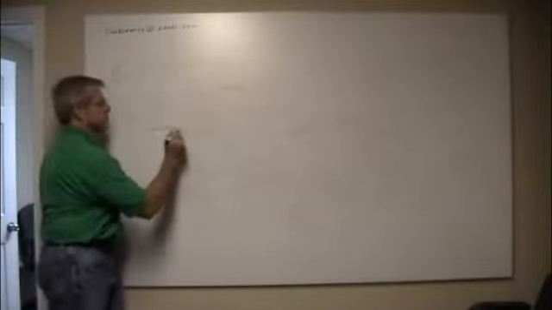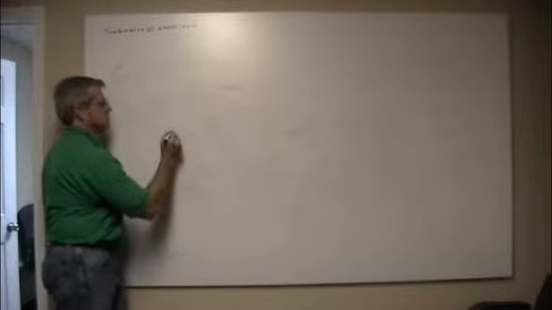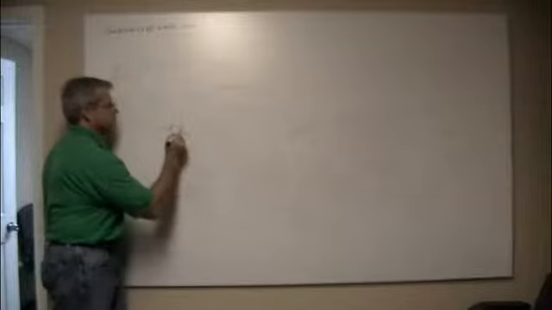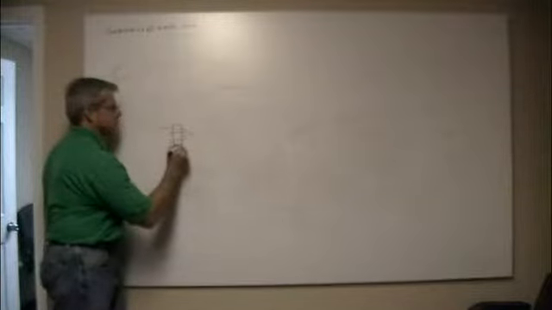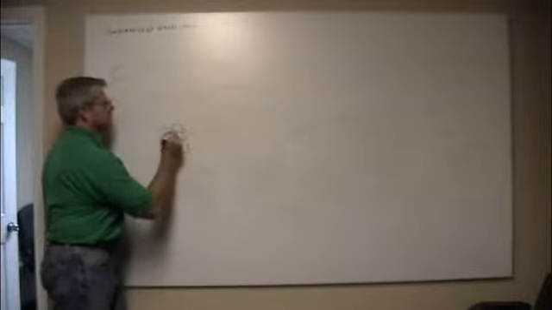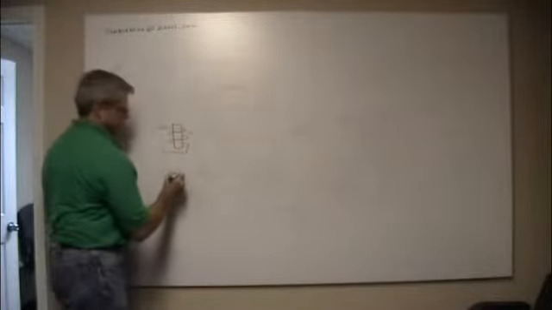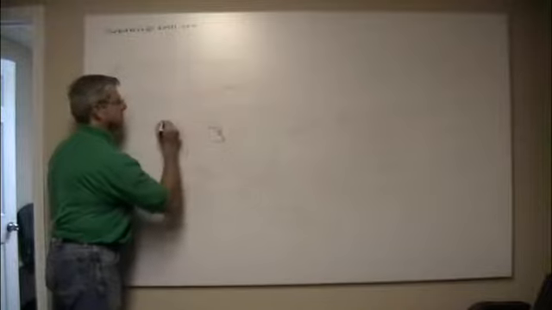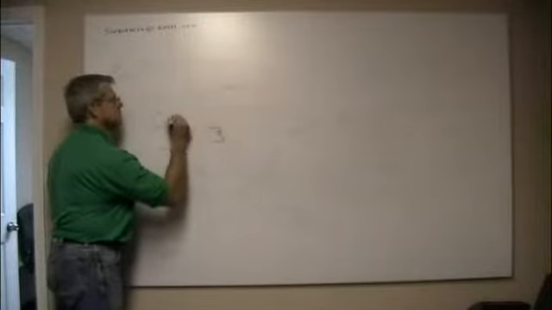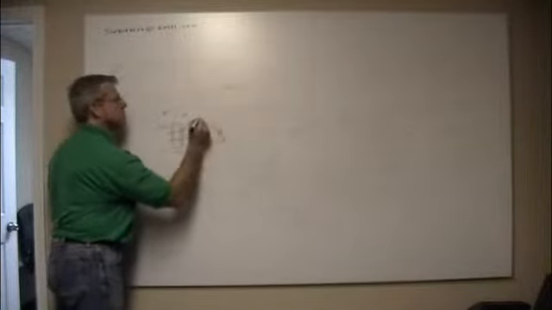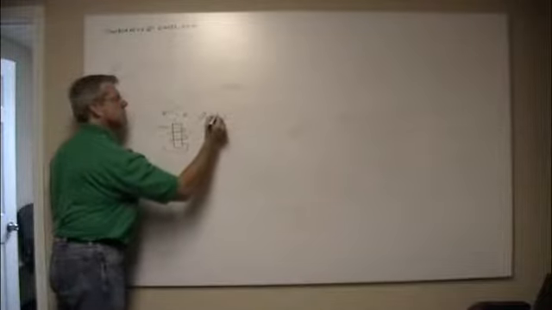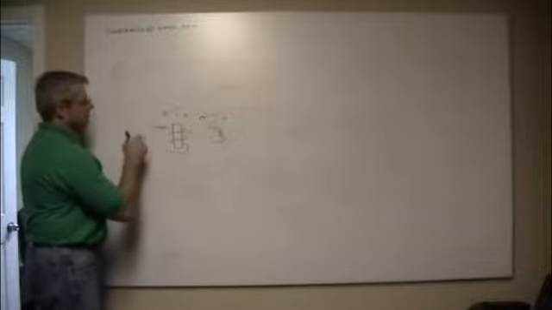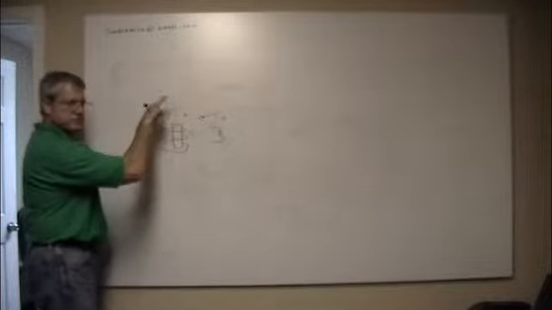This is one of the symbols. This one's more graphic. Sometimes you just see this, and then you'll have the switch up here. In this case, when you put energy here, it closes the switch.